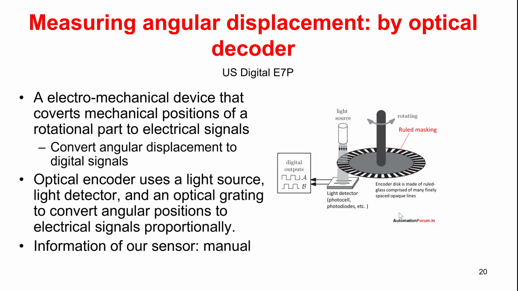But there's one thing we need to make sure to know, so the software can decode this, convert these potential differences back to angle. We need to know the number of the black areas that are colored black.